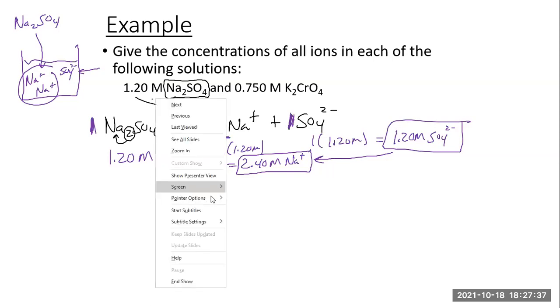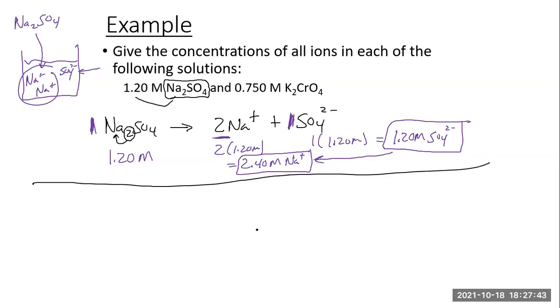So looking at the next one. That right there. We have 0.75 potassium chromate. And if we do kind of the same approach, potassium chromate will actually separate into 2 potassium ions plus a chromate. So same idea here.